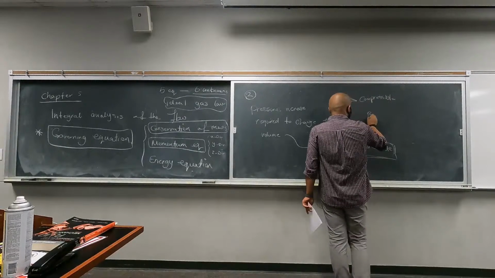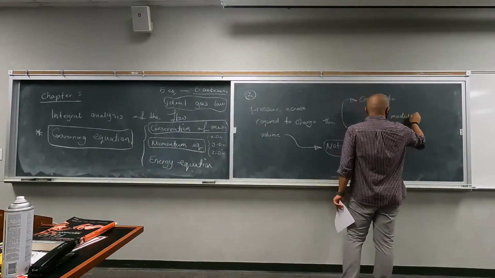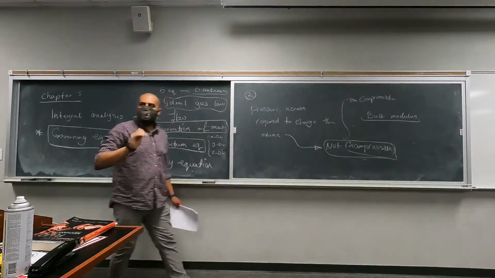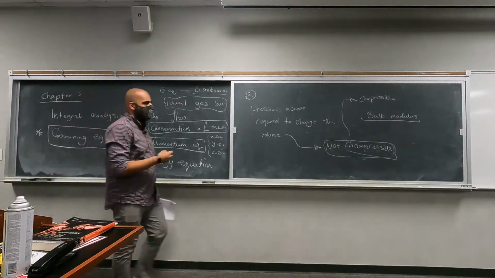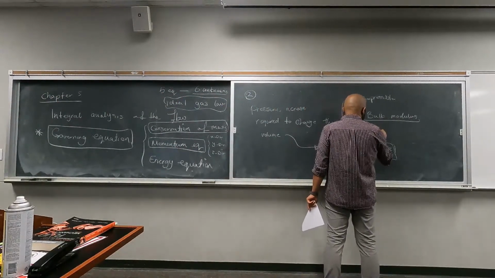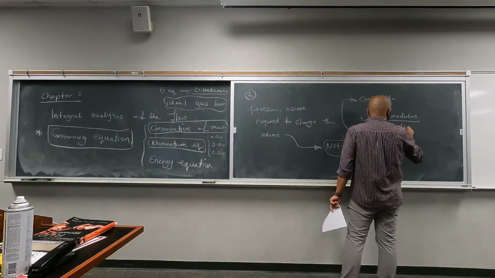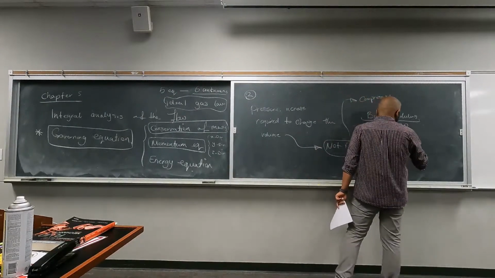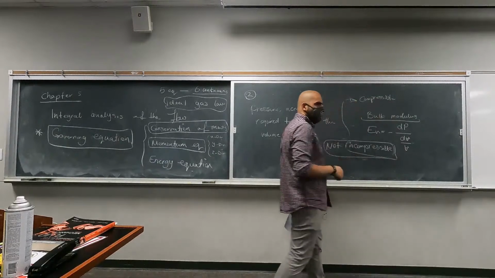is the bulk modulus. This is the only tool we have ever learned about, right? Bulk modulus. What was the formula for bulk modulus? E_V is equal to negative change in pressure, dP, divided by change in volume, multiplied by your volume.